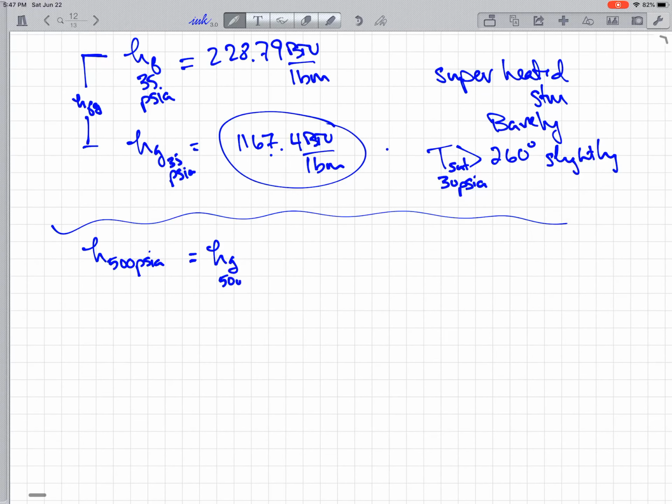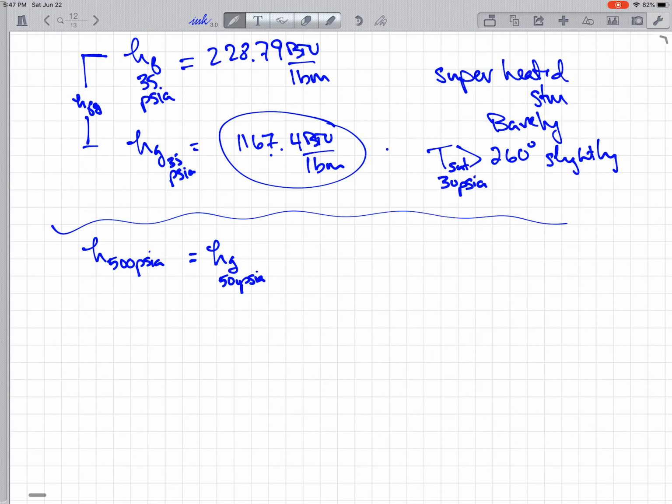And now I'm going to go back to page 20 and look at table 3, superheated steam, because it's superheated and saturated. That's going to help me out. And look on page 19.